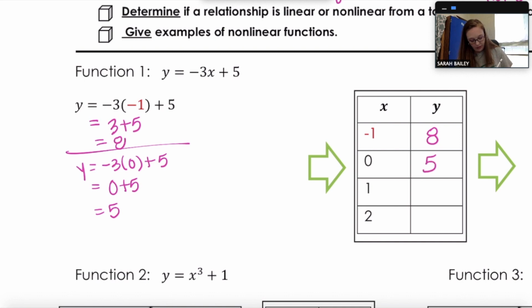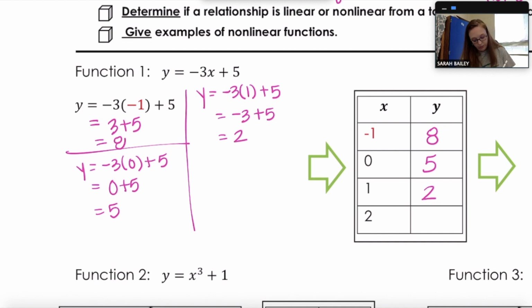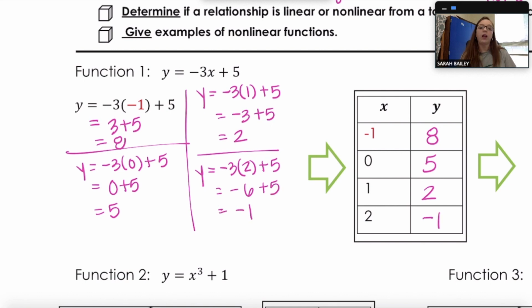If I do it again, y equals negative 3 times 1 plus 5. That'd be negative 3 plus 5, or 2. And then we'll do one more: negative 3 times 2 plus 5, or negative 1. Okay, so now that we have a table of values, let's graph it.